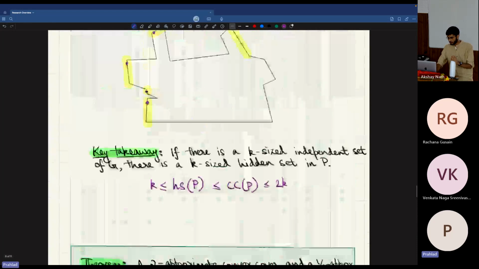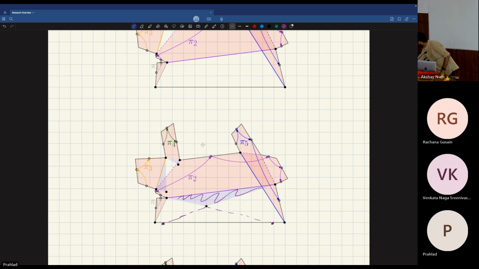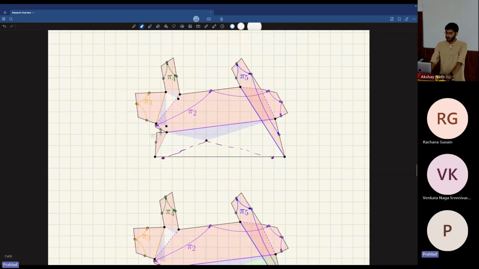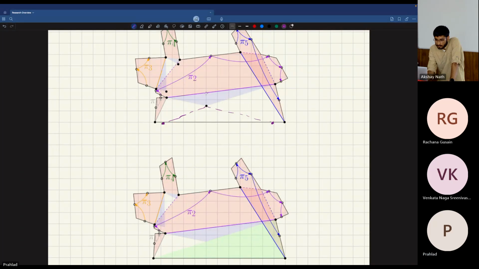Oh yeah, sure. So the blue triangle. Let me erase this. So if you take a polygon that we've constructed using this path, you have the base, which is this heavy purple line.